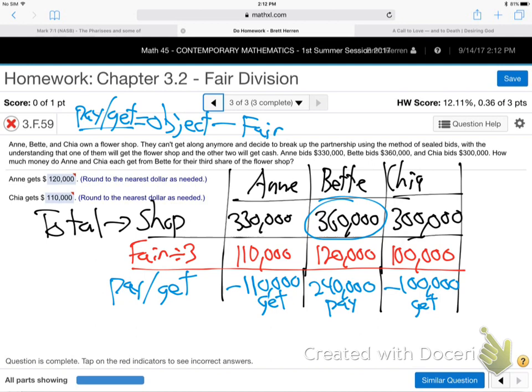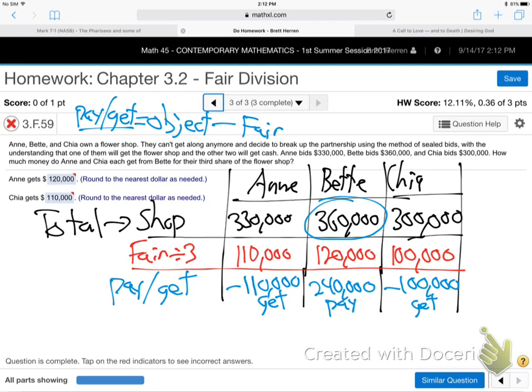Because if you bid super high, falsely, just to get the shop, say you bid $1 million, what's going to happen? We take $1 million minus your fair share. You're given the shop, but you said it's worth $1 million. We take the object you got, what you said it was worth, minus your fair share. She would owe the rest, like $800,000.